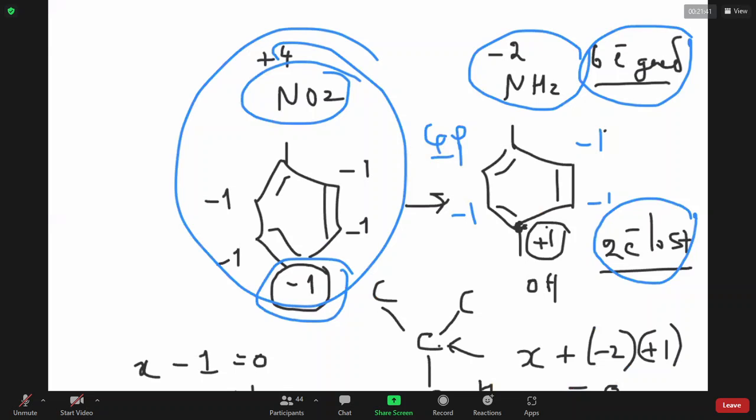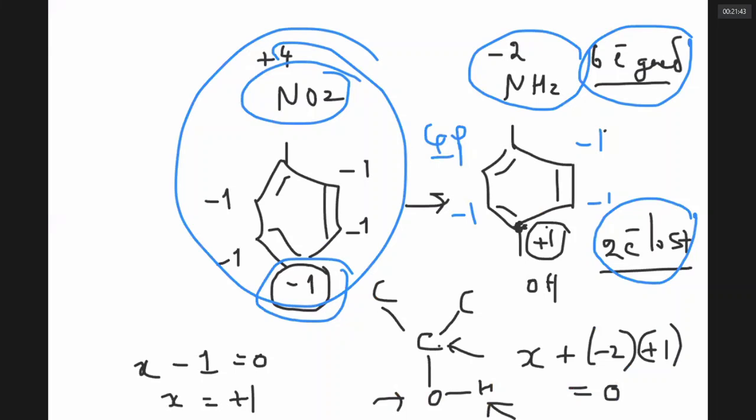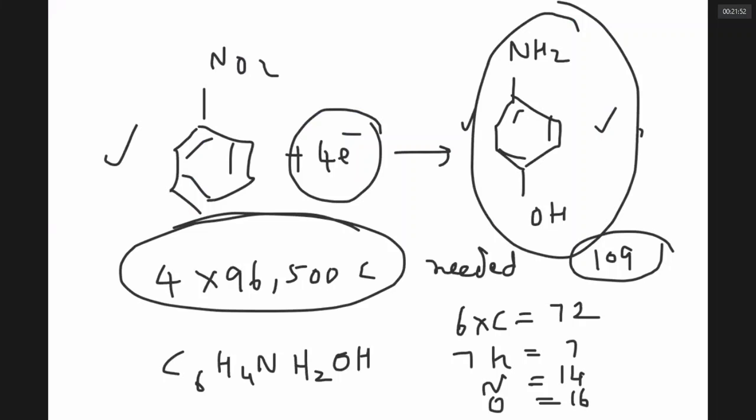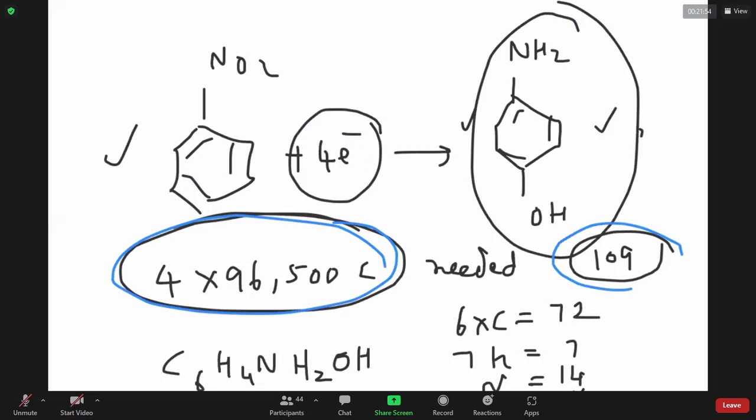It means I can get 1 equivalent mass or 1 molar mass of this product for passage of 4 Faradays of charge. So 4 Faradays of charge will give me 109 grams.